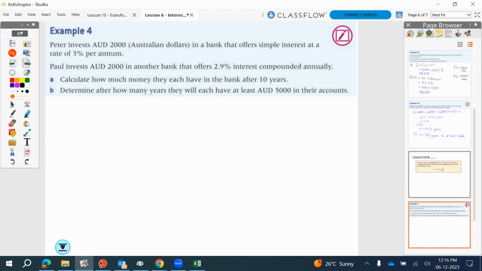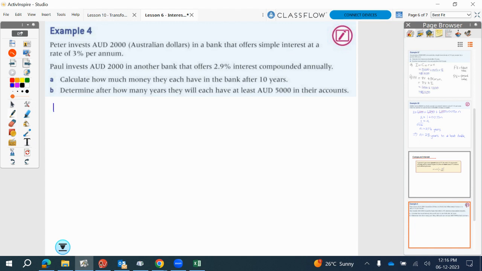Peter invests 2,000 Australian dollars in a bank that offers simple interest at a rate of 3% per annum. Paul invests 2,000 in another bank that offers 2.9% interest compounded annually. Calculate how much money they each have in the bank after 10 years.